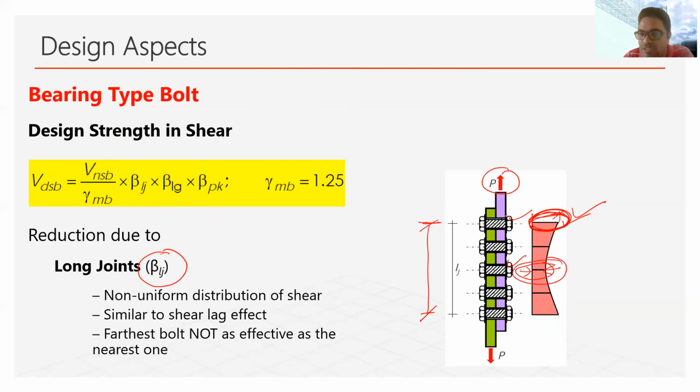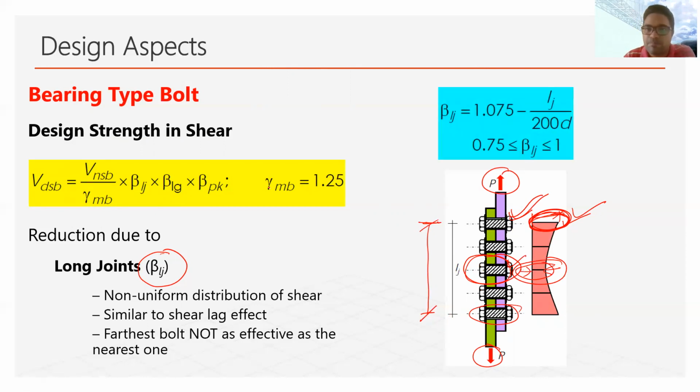For this force, this bolt is the nearest and this middle bolt is the farthest. Similarly, for this force, this is the nearest and this is the farthest. This is how we can see the variation of the shear strength.